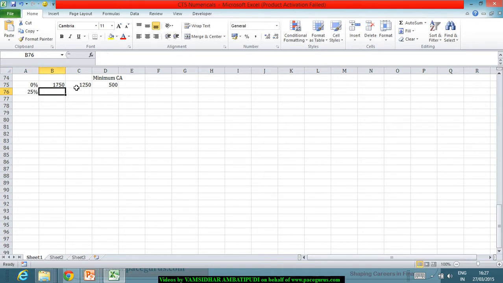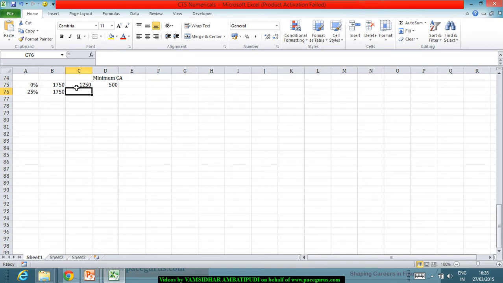Let's say he is at a 25% level now. Alright, think of it like this. If he is at 25, let's say he is making a simple claim. If he is making a claim, automatically in the next year his premium is going to be 1,000. And even if I assume that in the worst case he is still not making any claim the year after, still his premiums are going to be 1,750.